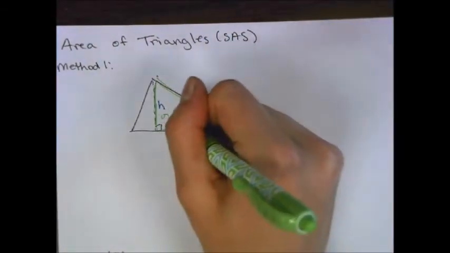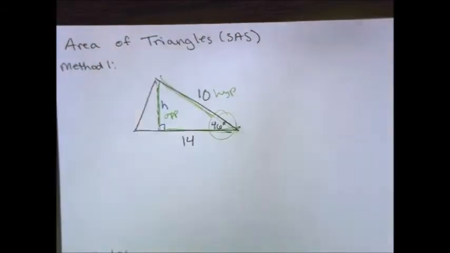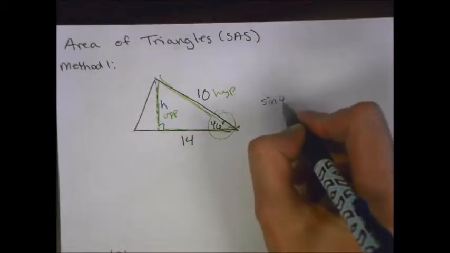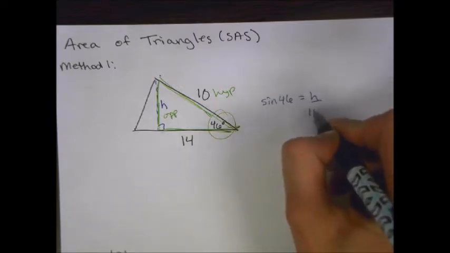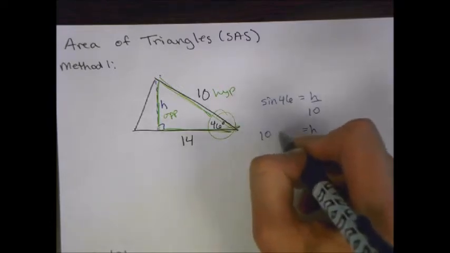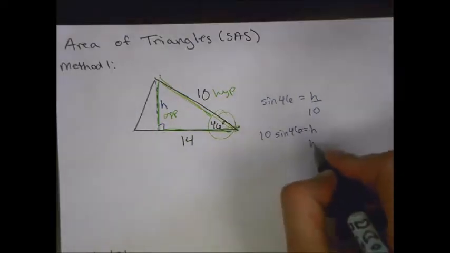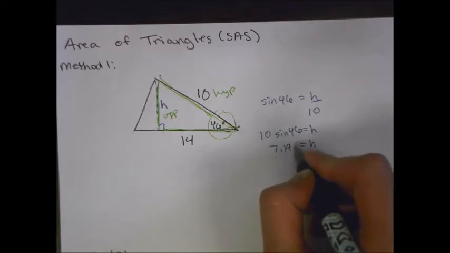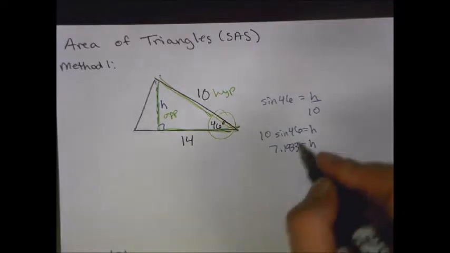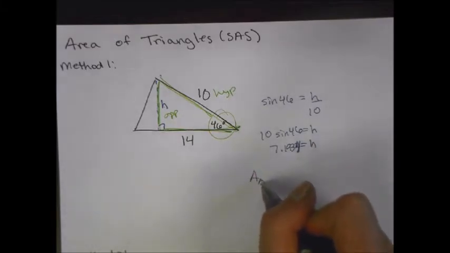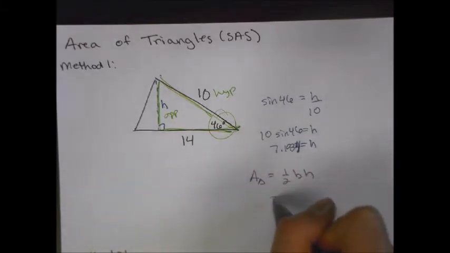From 46, I have my opposite, my hypotenuse. So we can use sine of 46 equals h over 10. H equals 10 sine 46. So h equals 7.1934. Oh, it's actually 34. And now that I know my height, I can do area of my triangle is 1/2 base times height.